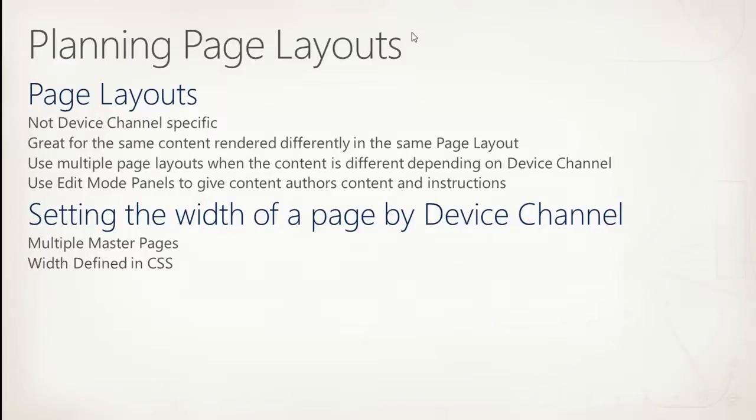Basically, the easiest way to think about that is at the master page level, you're probably not going to use device channels much. You're going to use CSS to change what the chrome looks like depending on the size of the device. When you dig down into the page layout level, now you're going to start using device channel panels to hide and show things, but keep that same basic layout of your page intact.